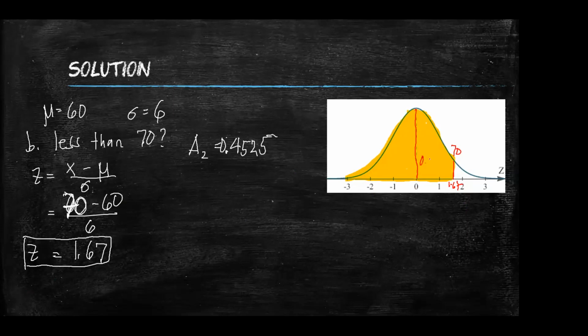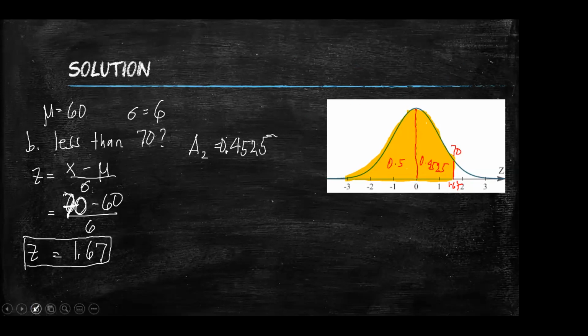Tama? Ngayon, class, anong area yung kabila? 0.5 po. Kasi nga, ito yung kalahati ng ating normal curve.